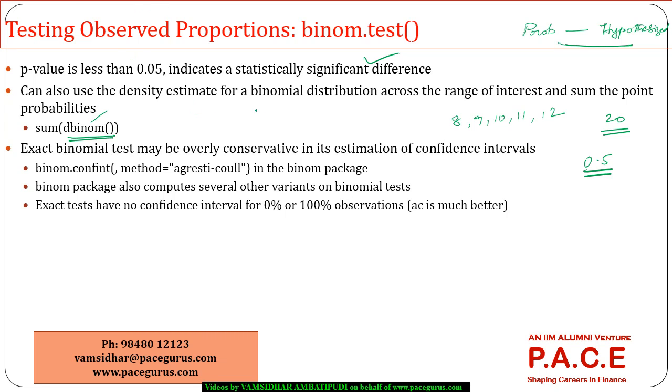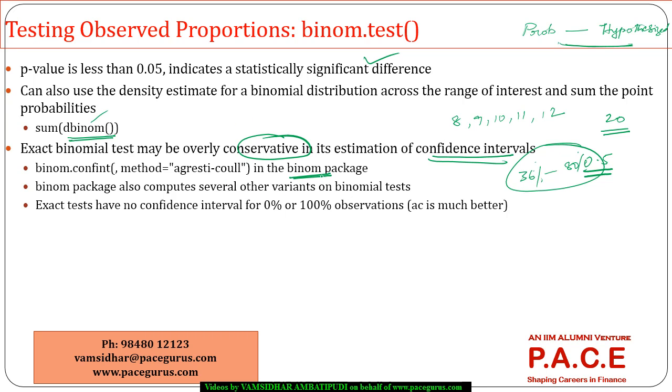In some cases, the binomial test is overly conservative, especially when I am going with the confidence interval estimate, the 36% to 80% that we got earlier. That's a kind of conservative estimate. So this is where there is a specific package targeted towards the binomial distribution, called the binom package.